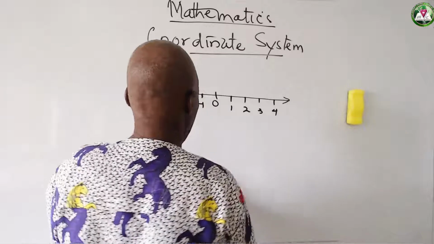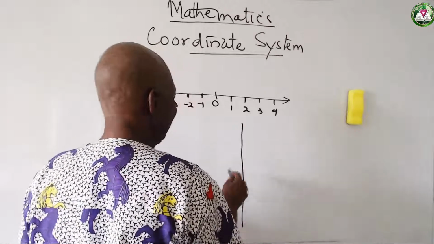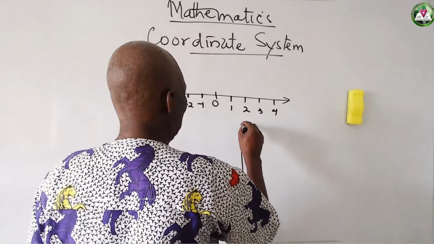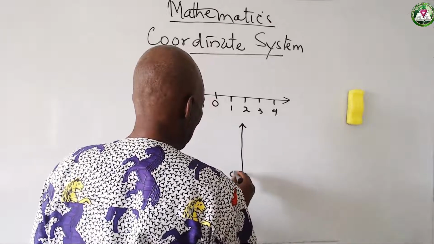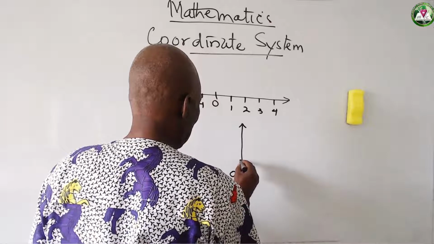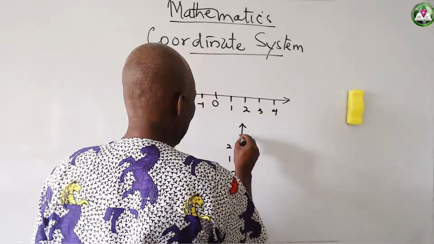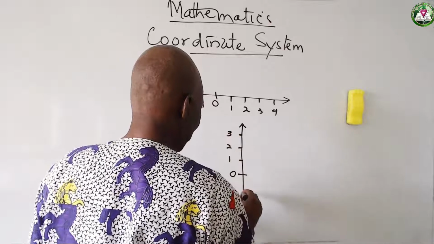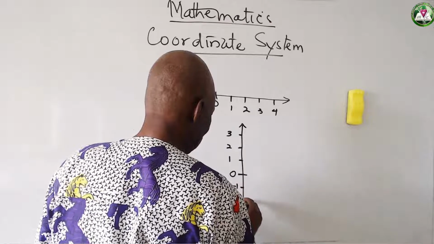So let's put up that of the vertical. It will look like this. Remember, we said that the vertical one will be moving up and down. From a starting point there, 0, equally spaced out, 1 unit up, another unit again, another unit. And if you are coming down, the first unit downwards, negative.